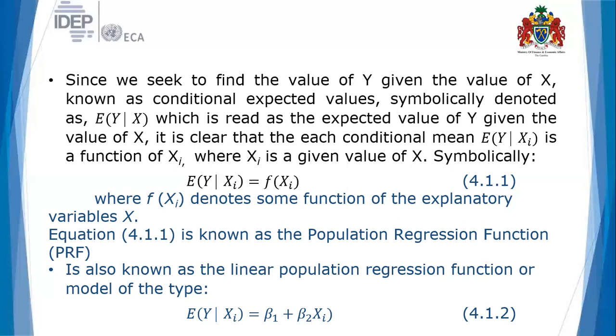Now, this equation 4.1.1 is generally known as the population regression function, and sometimes is also referred to as the linear population regression function, or a model of the type: expected mean value of y given xi is equal to beta 1 plus beta 2 xi.